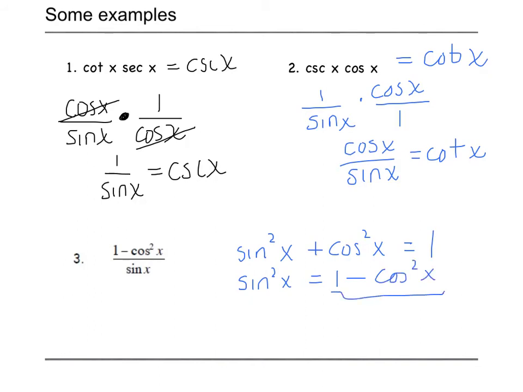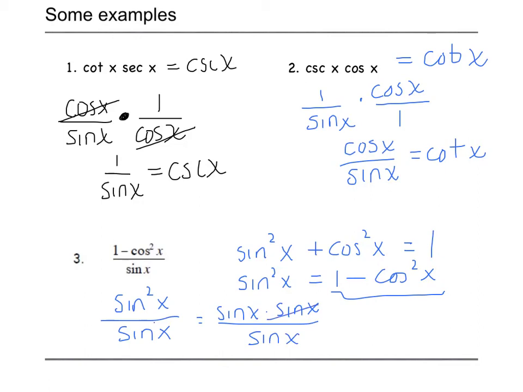Then for this 1 minus cosine squared x, I can substitute a sine. So if you look up here in the numerator, I can substitute sine squared x over sine x. And remember that sine squared x is the same thing as sine x times sine x, all over sine x, and you see a form of 1, and so this equals just sine x.